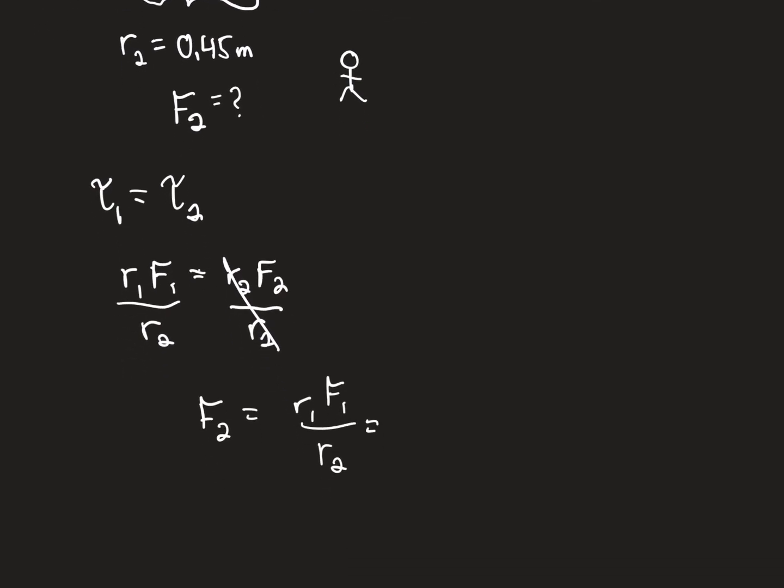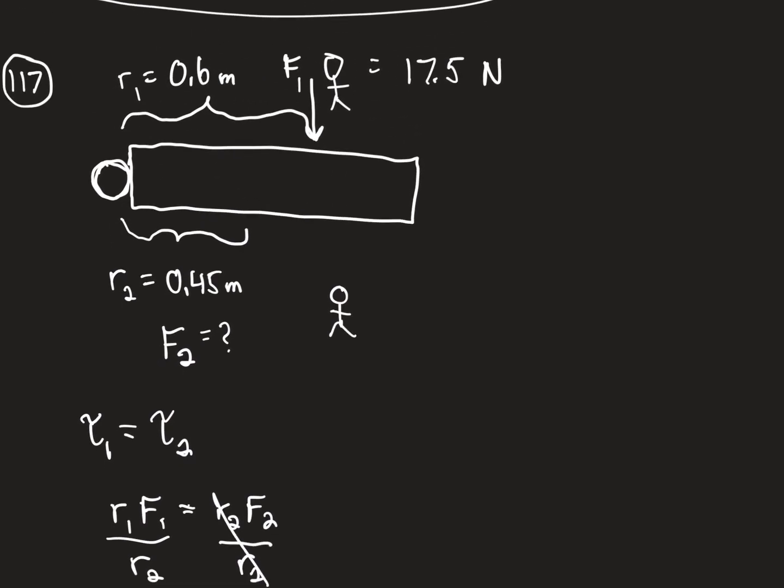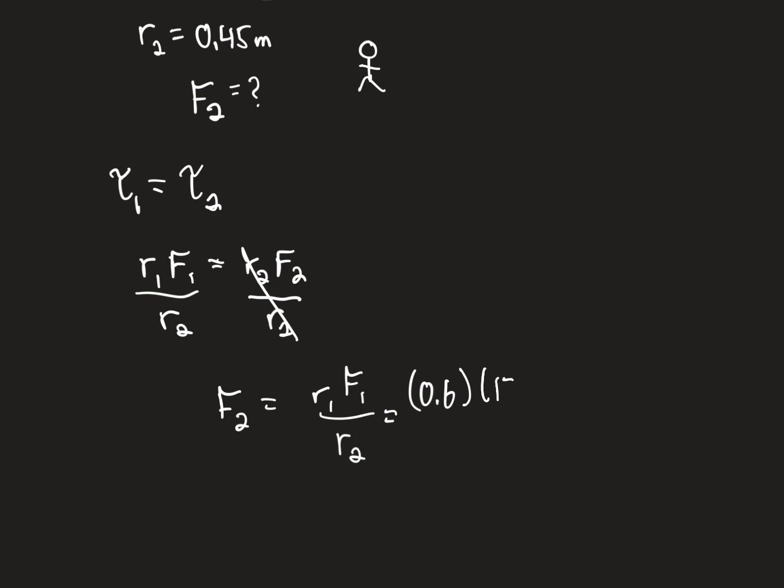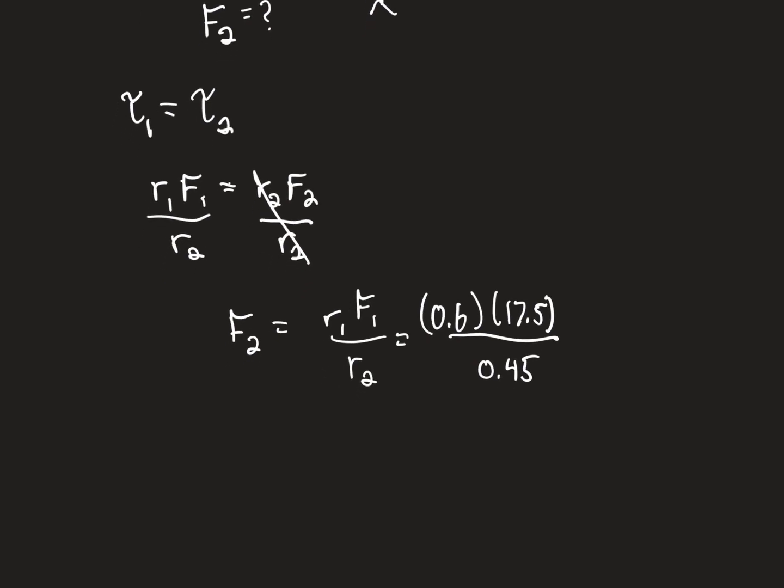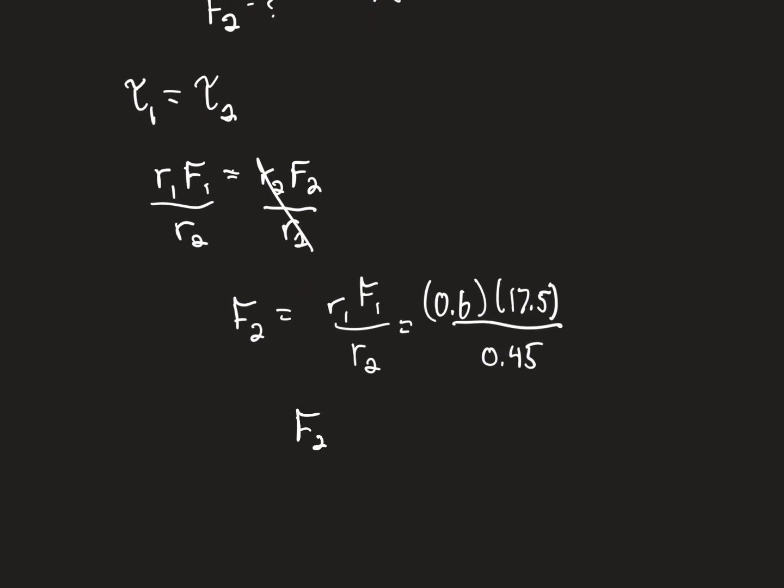I can plug in my numbers. R1 is 0.6. F1 is 17.5. Divided by R2 is 0.45. And F2, when you plug all those things in, let's see what we can get.